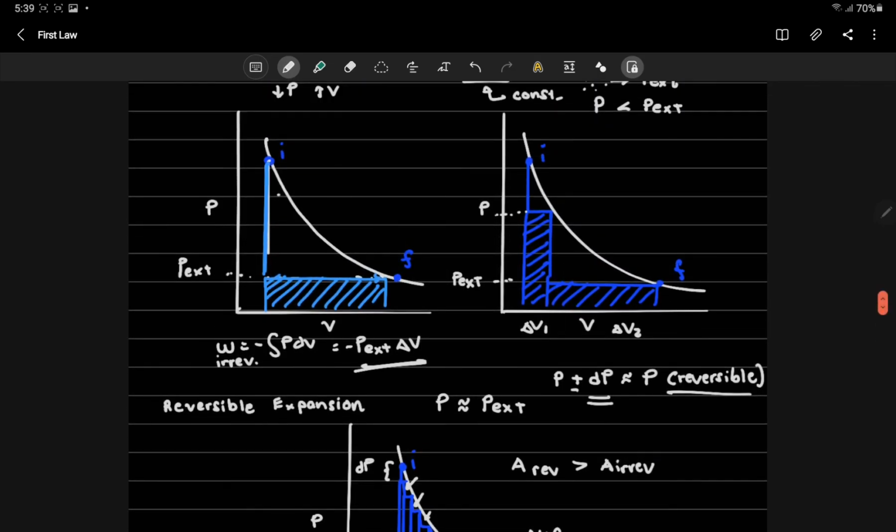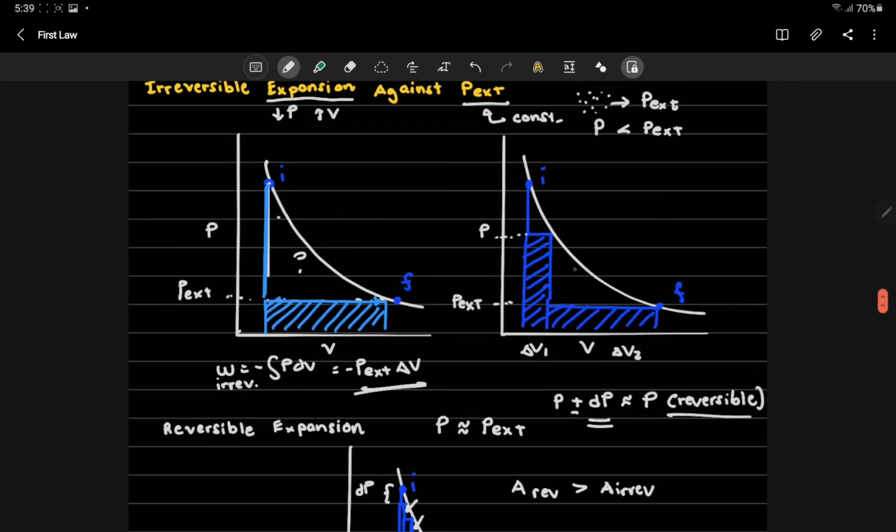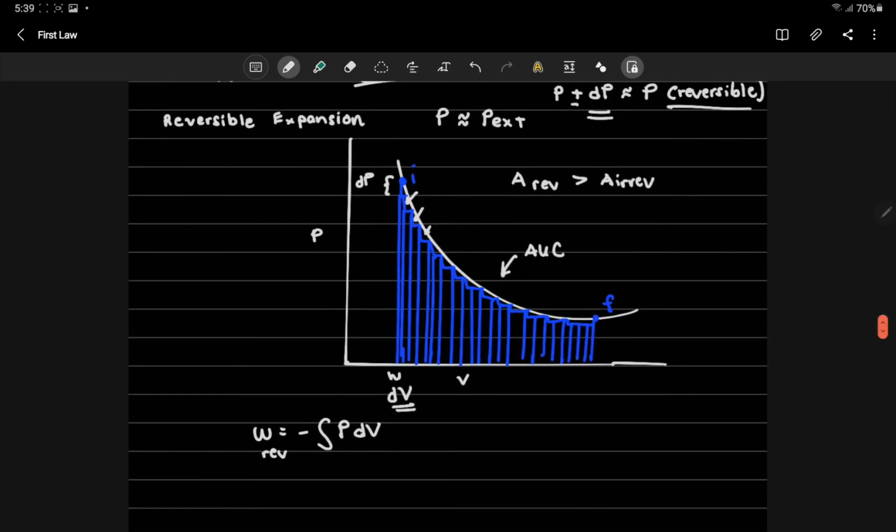Unlike here, malaki masyado yung negative space. In other words, the maximum work that you can obtain will be coming from a reversible process. That is the conclusion.